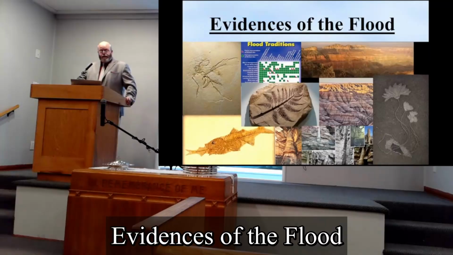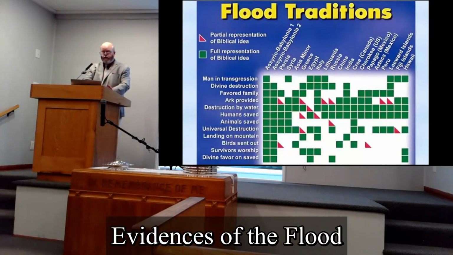Now, there's a lot of stuff here, because along the top of this chart is a bunch of different countries or cultures, ranging from the Babylonians on down towards the end to Hawaii, of all people. And on the left-hand side, going down the side, it talks about the different aspects of the flood account, like man in transgression, well, sinful man, right?